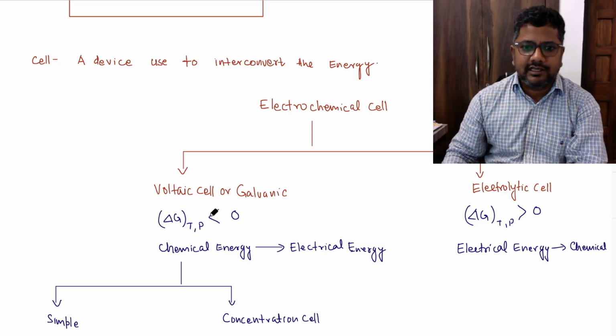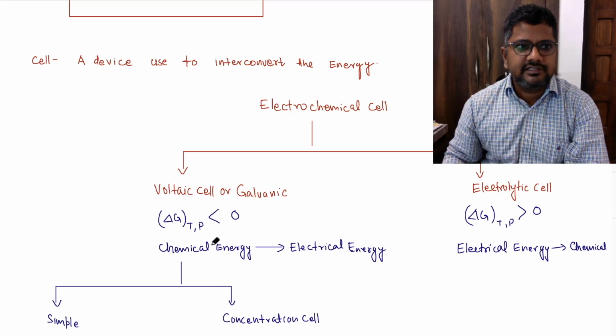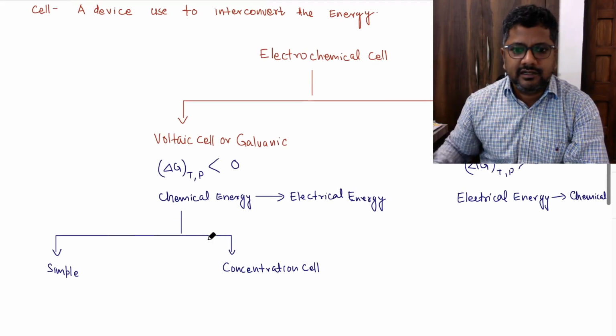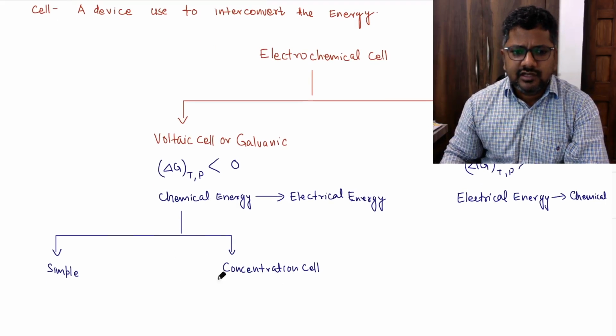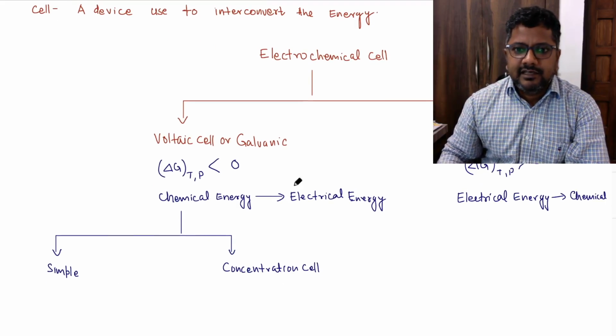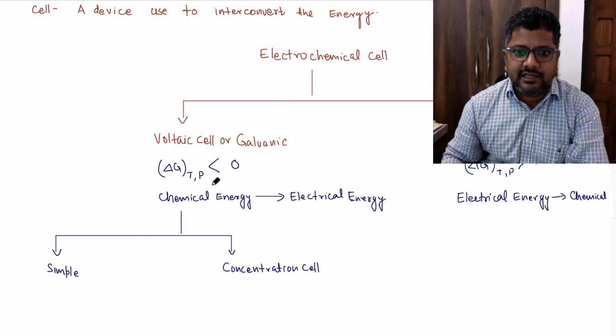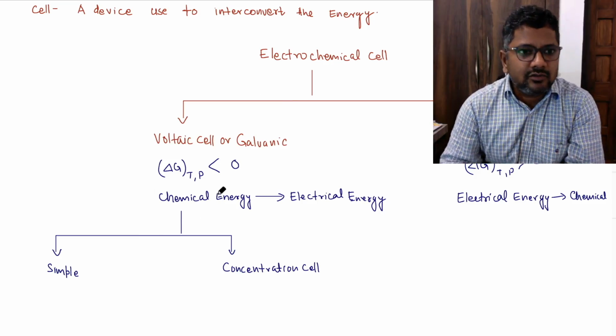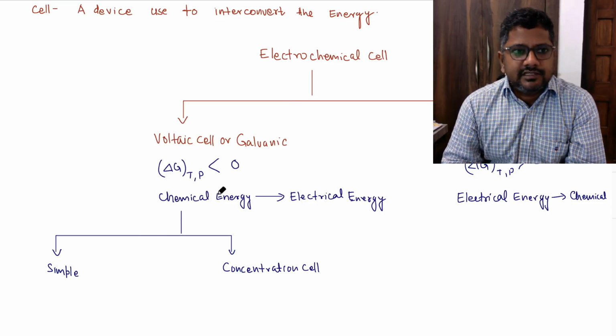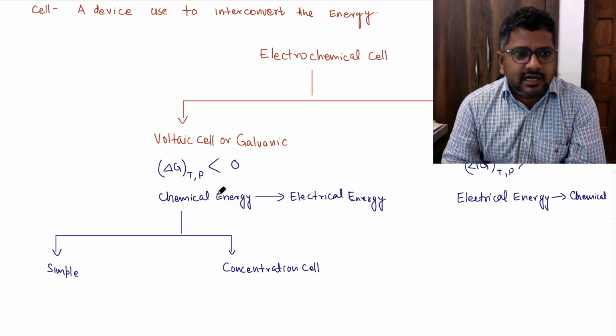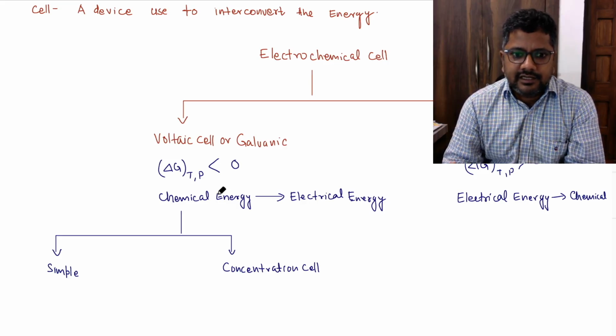Both are voltaic cells. In both cases, delta G is less than 0, but a little difference is there. Like a complete reaction, every cell is composed of anode and cathode, meaning every cell is made up of an oxidation half cell and a reduction half cell, right?